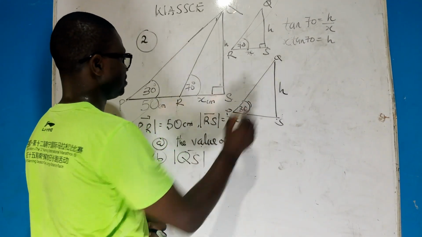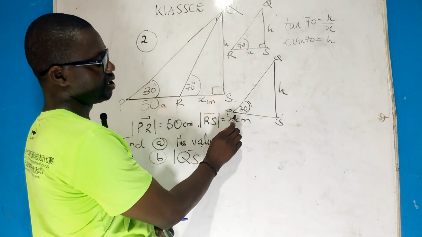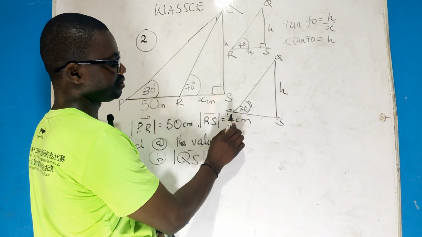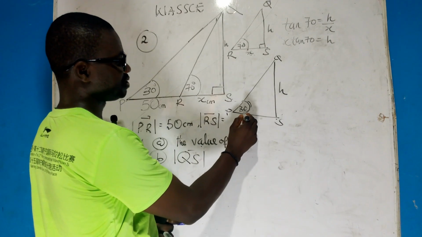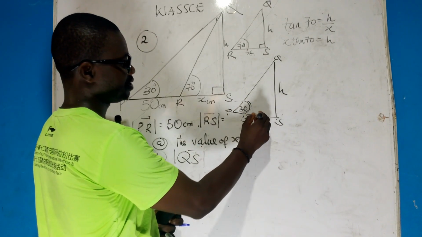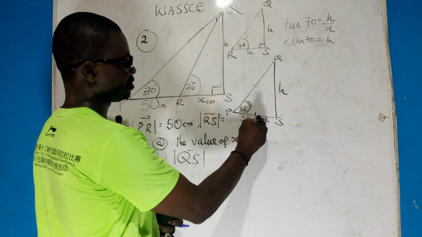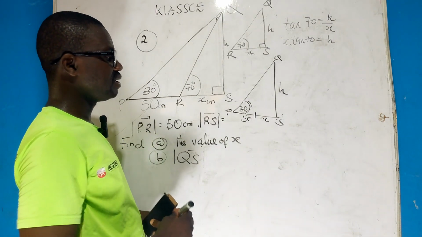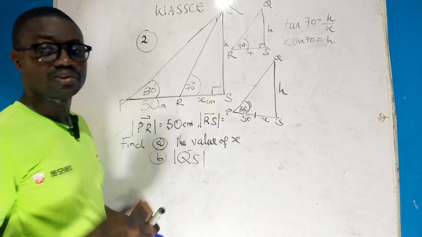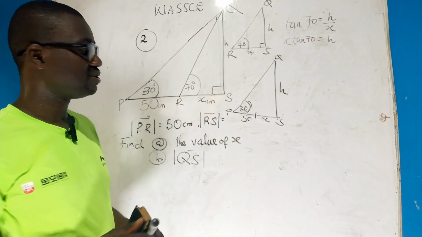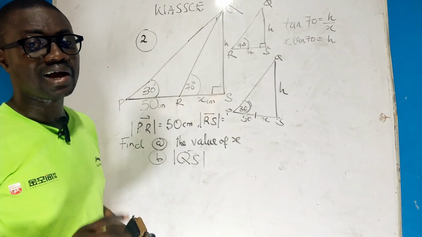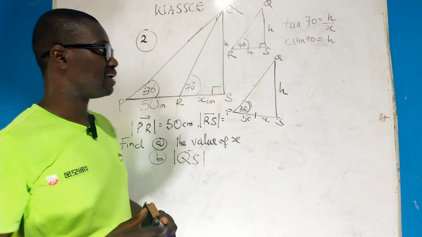Then our height here. This bigger triangle contains a part here which is 50 and then an x. So from P to X contains two parts. To get the total distance from P to X, you have to add the 50 and then the x.